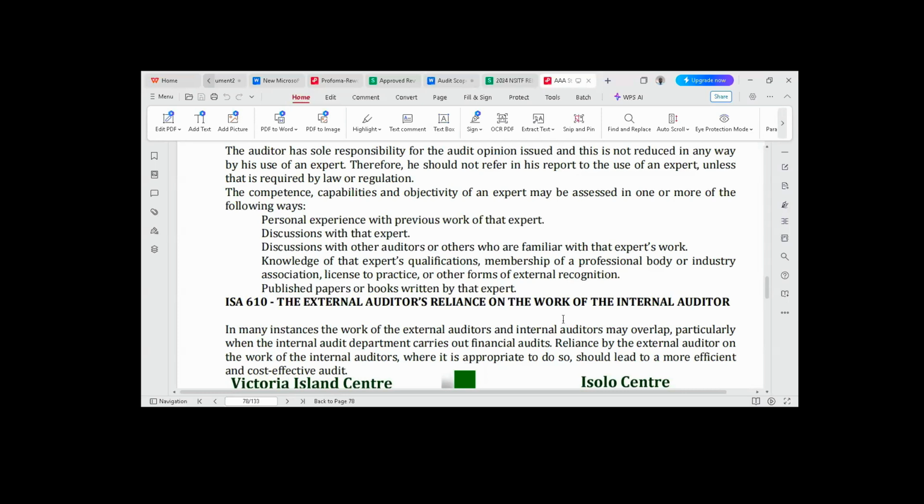The internal auditor should be the support system for the external auditor because most of the information he needs would have been provided by the internal auditor. So what that does is that it makes the audit more efficient and more cost effective.